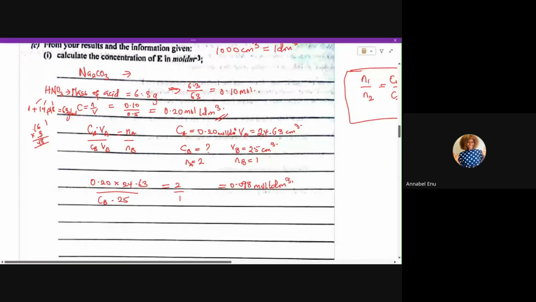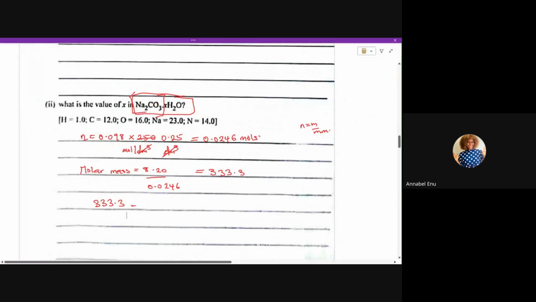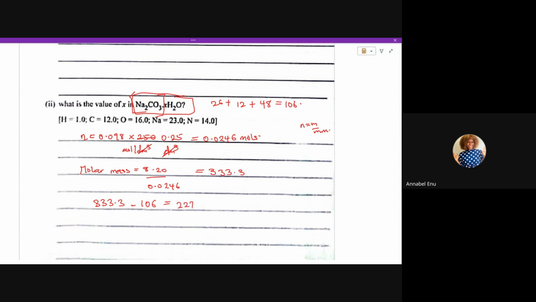Molar mass of sodium tricarbonate: we have 2 sodiums and 1 sodium is 23, so that's 46, plus carbon is 12, plus oxygen is 48, like we calculated earlier. So the molar mass of sodium tricarbonate is 106. So when we subtract this, we have 227.3.